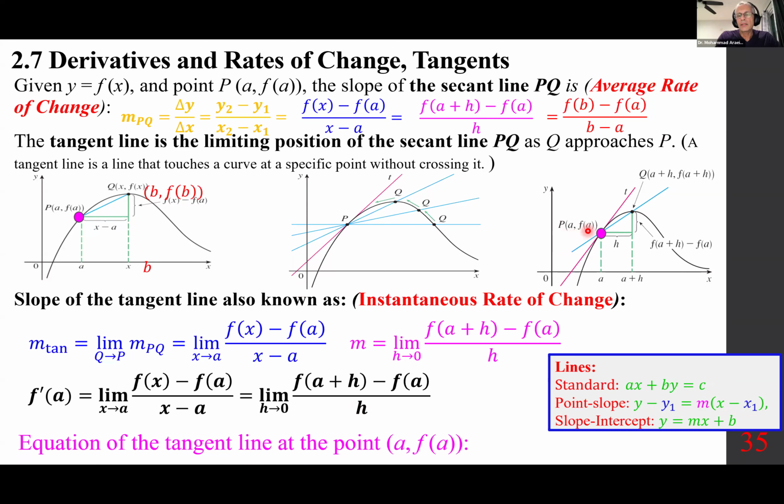To find that, we just follow the point slope: y minus y1, f of a, equals m, which is f prime of a, times x minus x sub 1, which is a. Now, do I have to memorize this formula? I guess not, because I'm assuming everybody knows the point slope. Just follow the point slope.